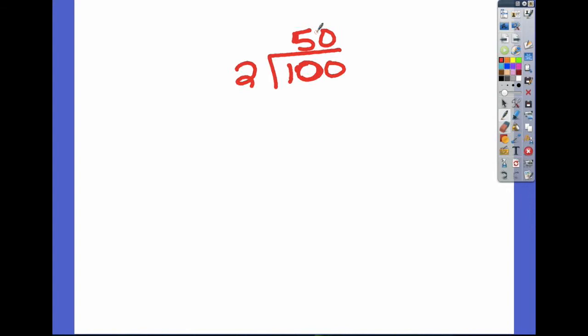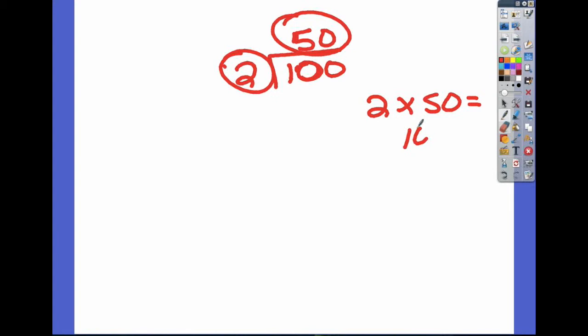Okay, you multiply your, what's that called in division? Your quotient? Your quotient by your divisor. So 2 times 50. Does this match this? Yeah. Yeah, so that's how you know if you're right.